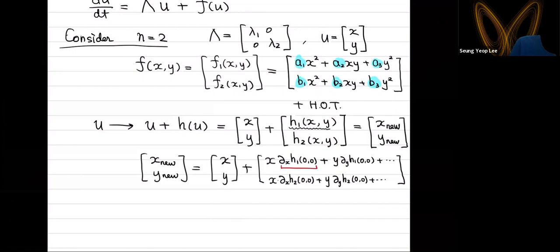So this is all 0. This is all 0 because that's the linear part. No. So we are defining a new variable by adding higher order terms. So the linear part is already taken care of by the first term.